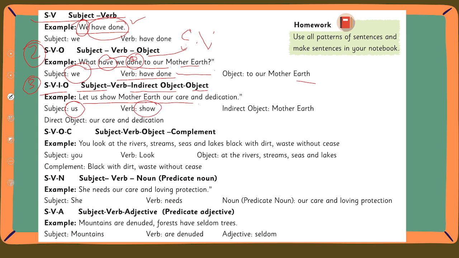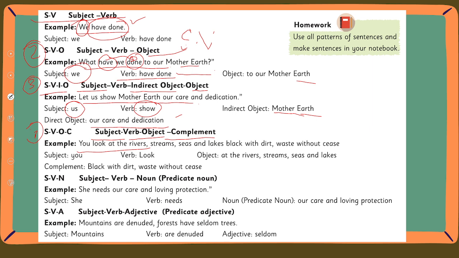And who are we showing indirectly? Mother Earth. But what are we showing? What should we do? Our care and dedication, this is our direct object. And next one, we have subject, verb, object, complement.